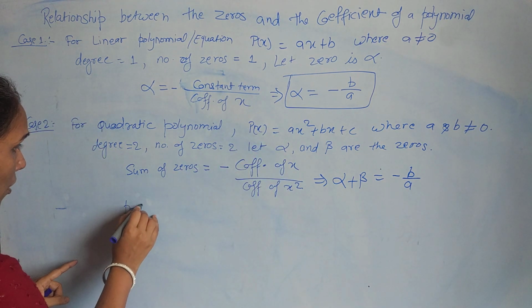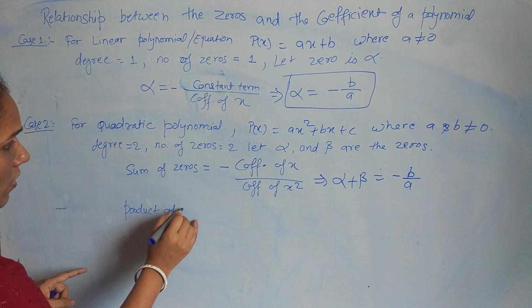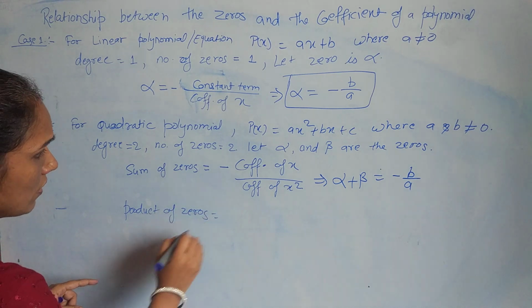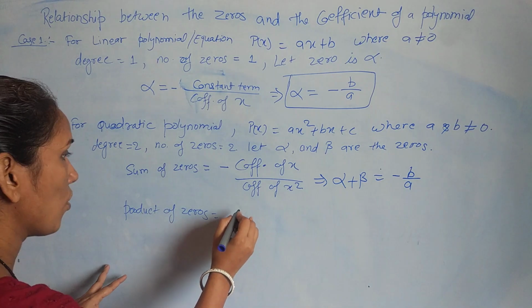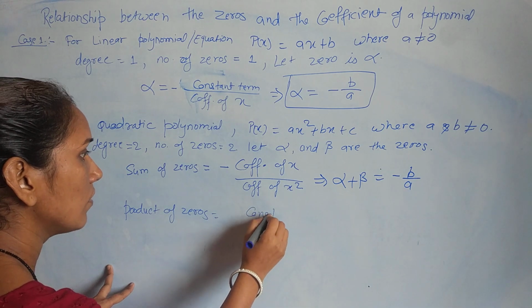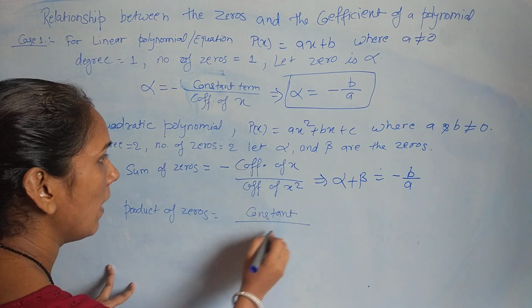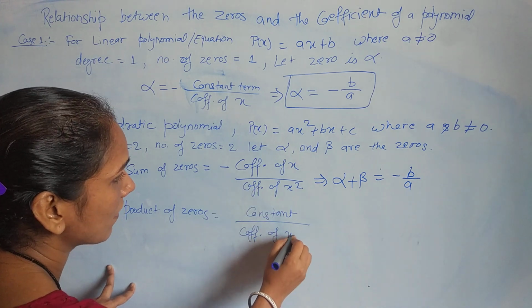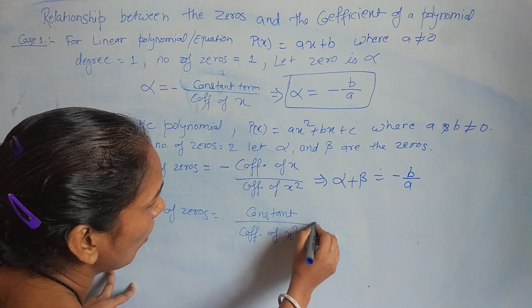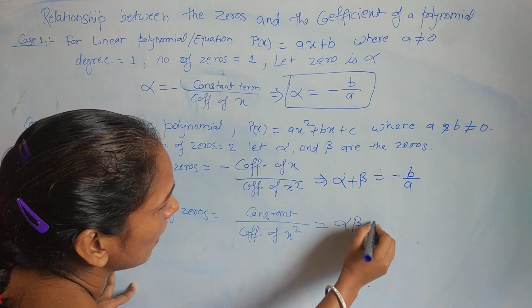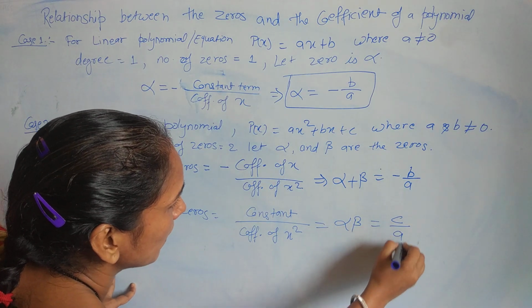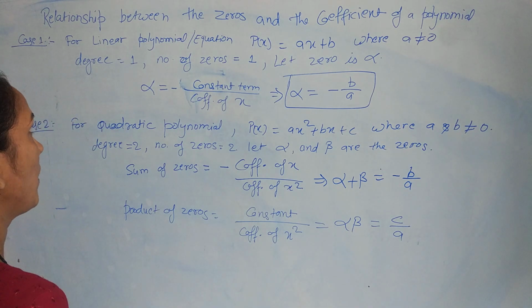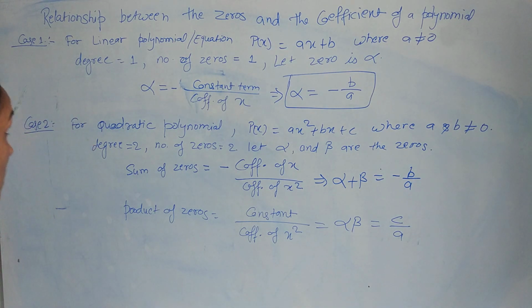Similarly, product of zeros is equal to constant term by coefficient of x square, or alpha beta equal to c by a. Okay, so we have discussed the two cases, for linear equation and for quadratic polynomial.